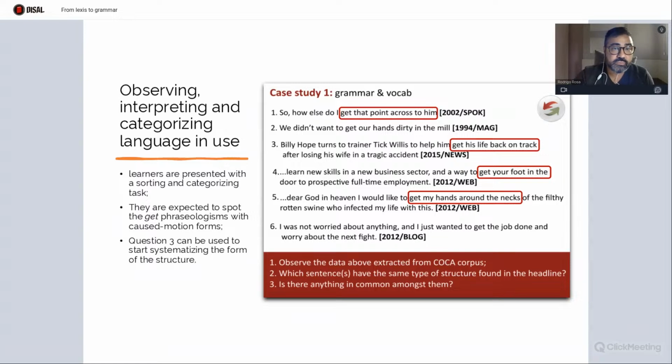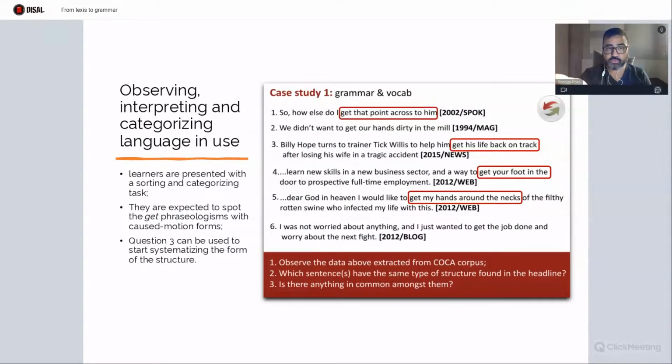So this is an example. I have taken some concordance lines from COCA and presented them to the learners, right? Learners were presented with this, and they were asked to sort and categorize the construction. So they were asked to spot where in these 6 sentences they could find instances that were similar to the previous construction that we looked at.